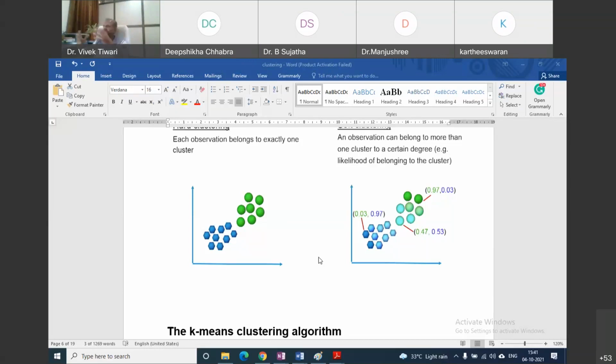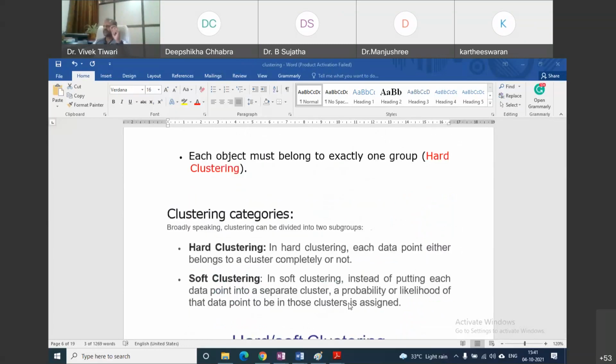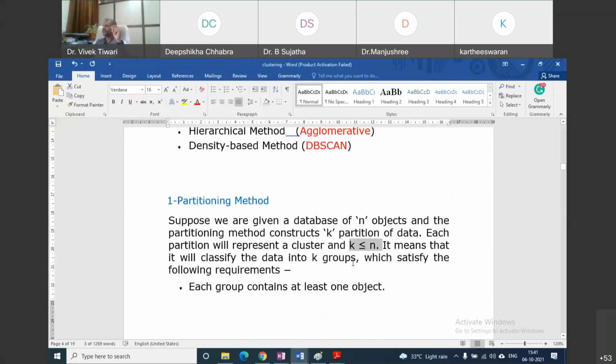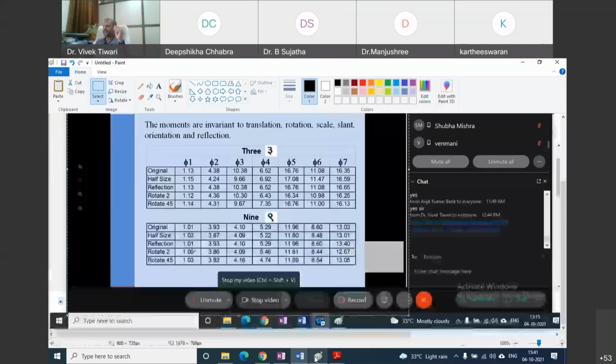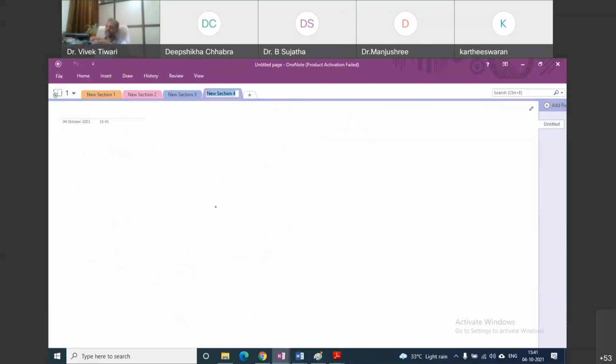Now I am asking again the same question, whether the condition is true or not about this K. In soft clustering, K may be bigger than N. How? You need to understand this very clearly.